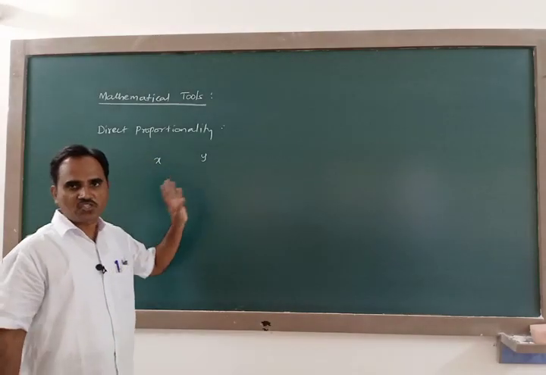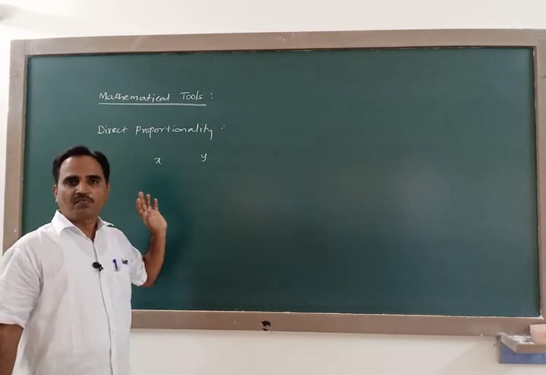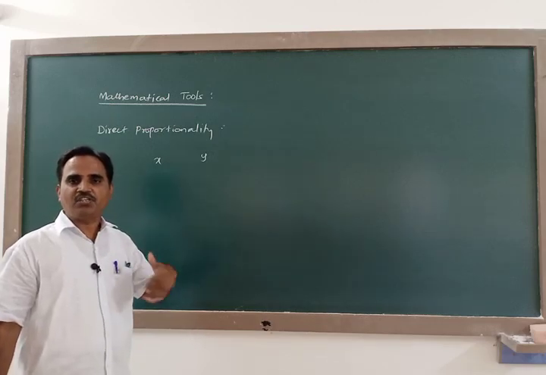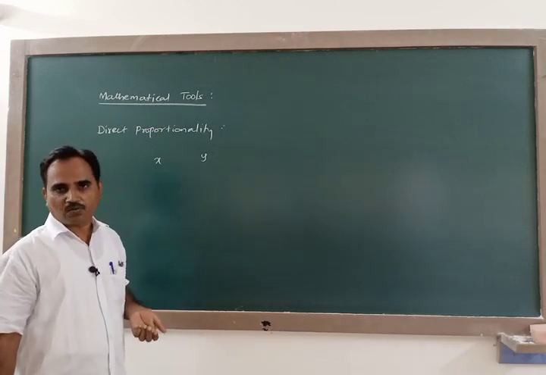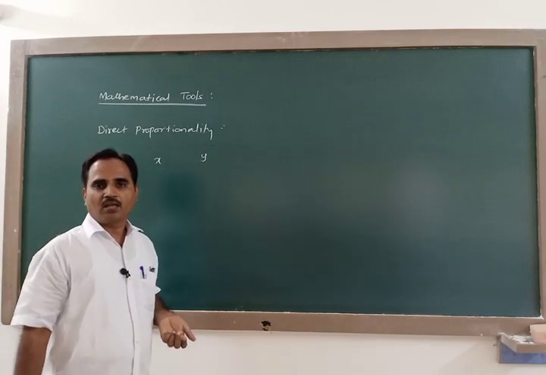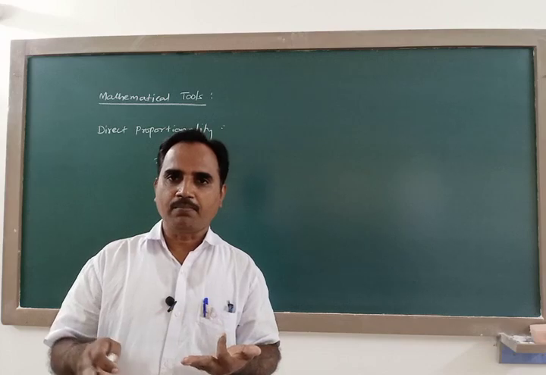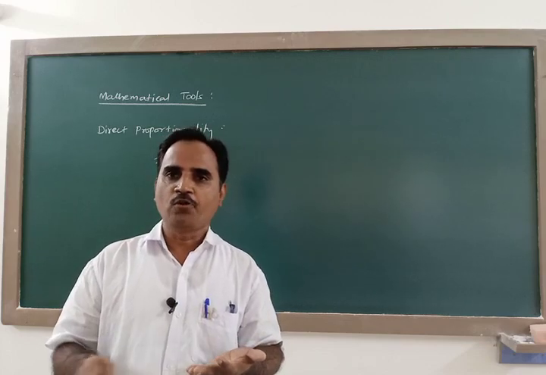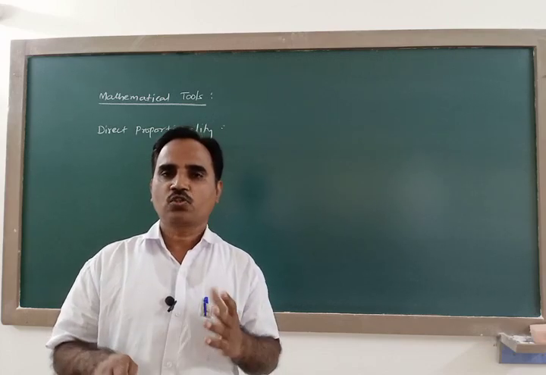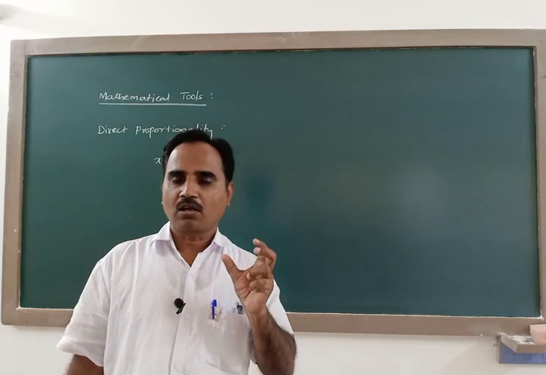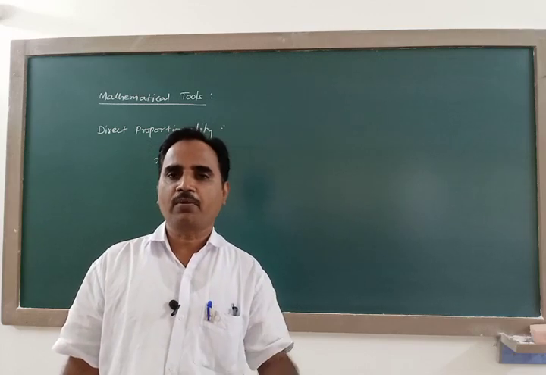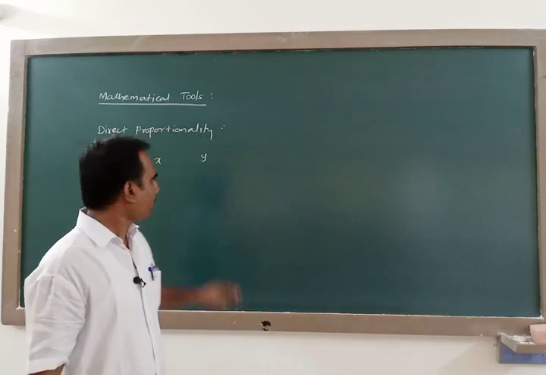Physical quantity means anything which is measurable. For example, you can measure length, mass, time, temperature, volume, density. All the quantities which are measurable can be called physical quantities.